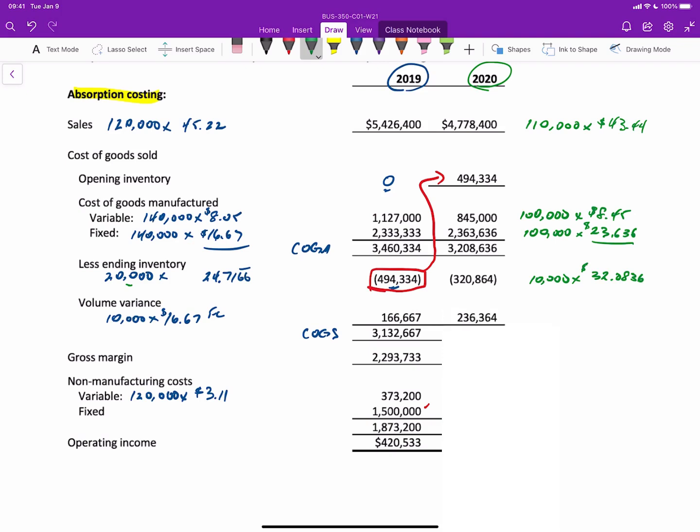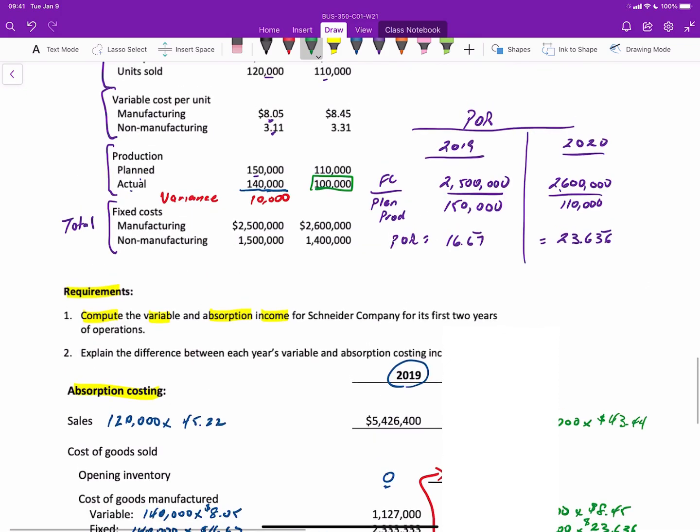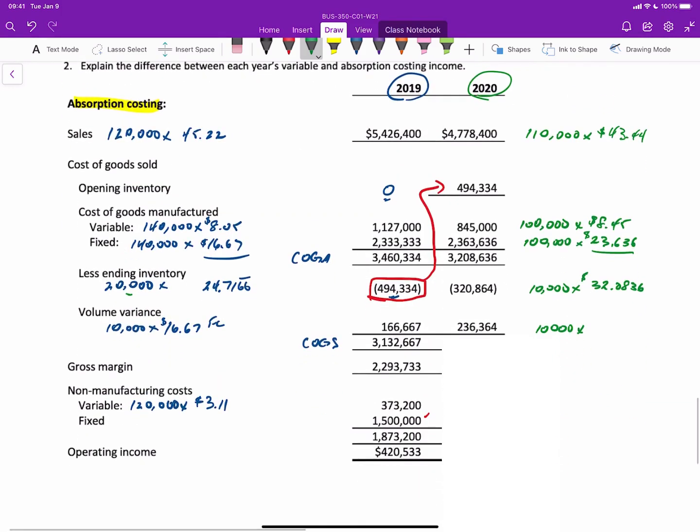And then we have that variance again, the difference between actual and planned. So 10,000, it's the same, right? Because we have 110,000 planned and 100,000 actual. And we're multiplying that by the fixed portion of 23.636. So that gives us cost of goods sold, $3,618,470. Gross margin or gross profit of $1,059,930.